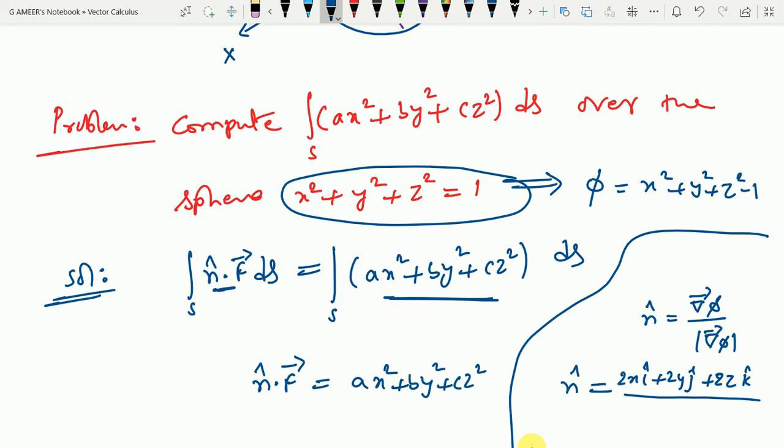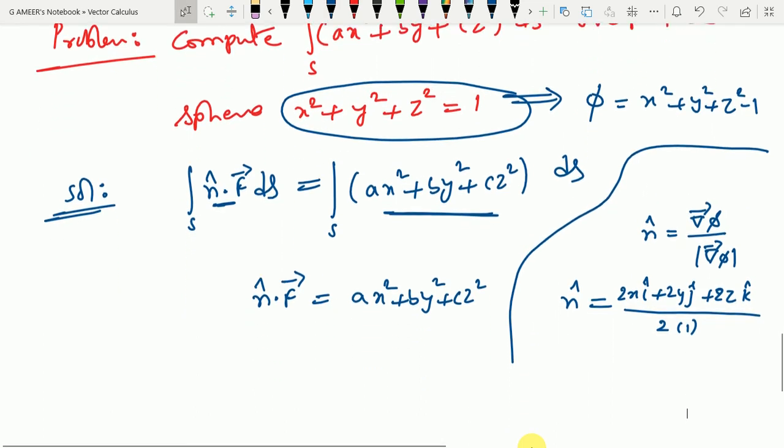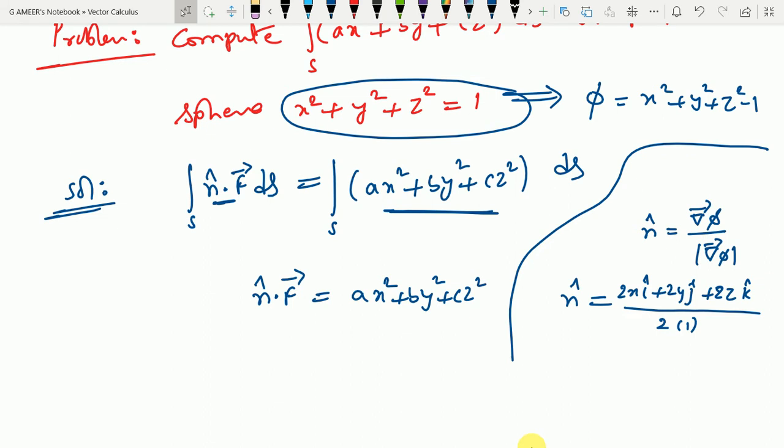Through that I get 2 into x square plus y square plus z square, which is 1, that is 2 into 1. When I cancel the value, finally n cap is equal to x i cap plus y j cap plus z k cap. I already told you the normal itself is the radial line, you don't need to do all these things.